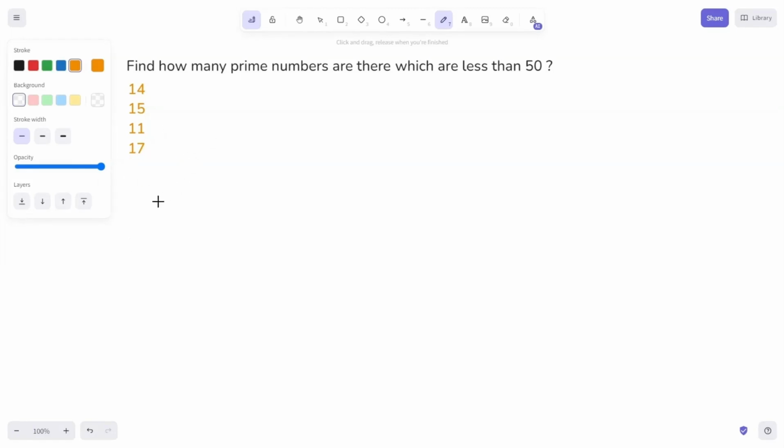The first smallest prime number is 2, 3, then 5 and 7, then 11, then 13, then 17 and 19 and 23, 29, 31 and 37, 41, 43 and 47. These all are prime numbers which are less than 50.